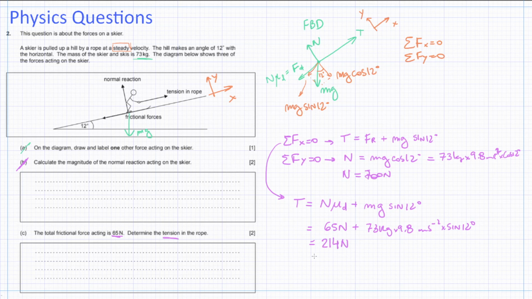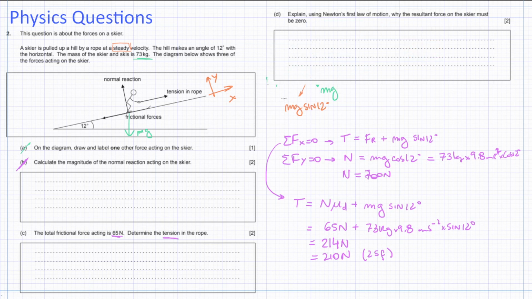Now usually they would also accept 210 because the exam usually asks for 2 significant figures. But checking the mark scheme, I think there's no problem if you leave 3 significant figures on this one.